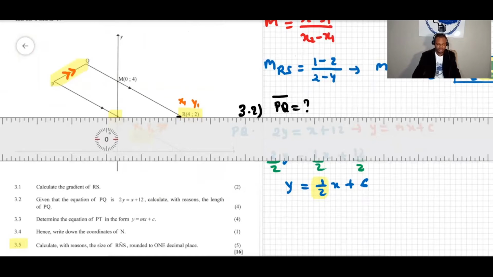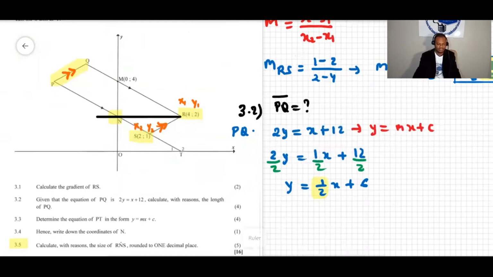This line passes through N and R. So we are asked to calculate the angle RNS, meaning we need to find this angle over here. That's the angle RNS, the angle that I'm going to highlight. Yes, this angle here. That's what we need to find.